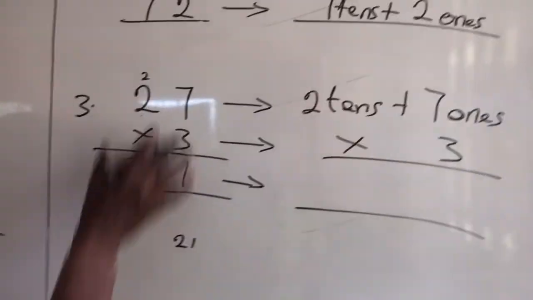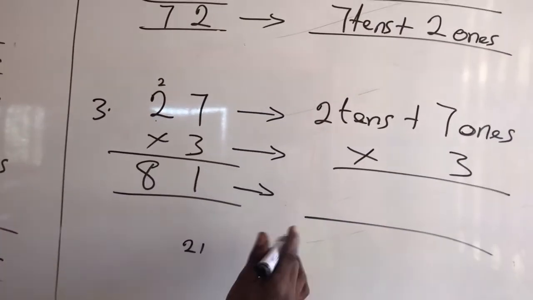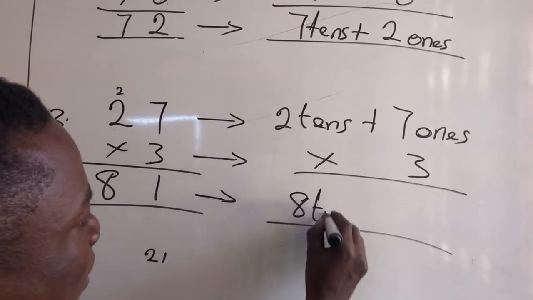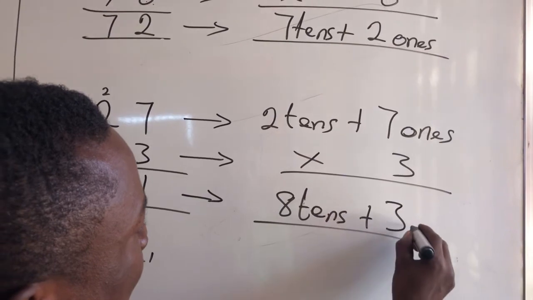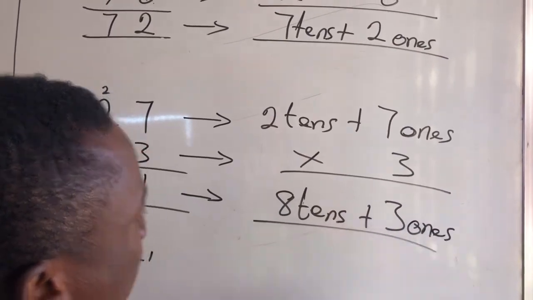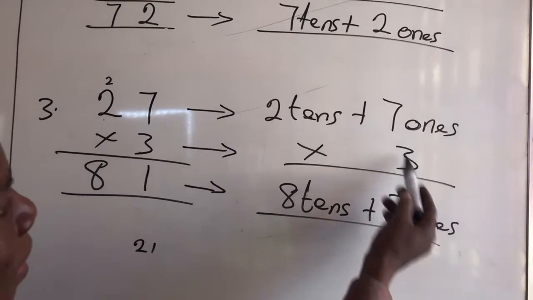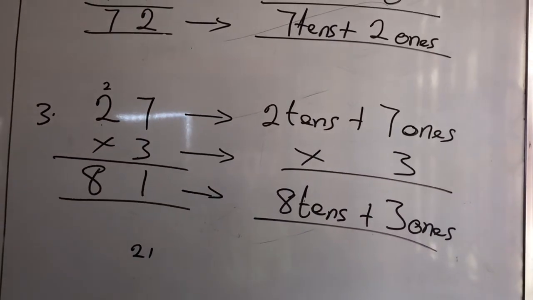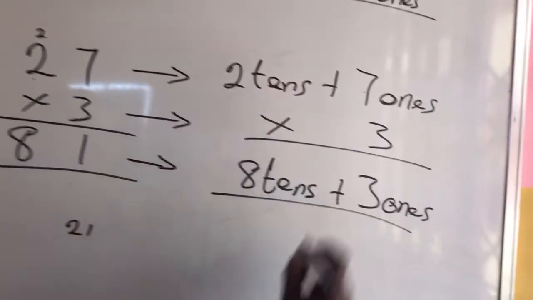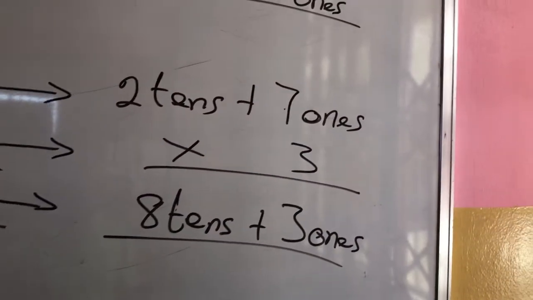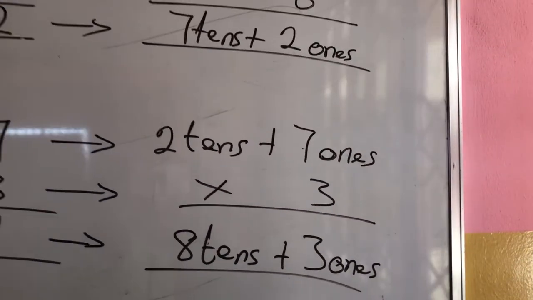So far as you are able to solve this, you regroup this one. 8 tens plus 1 ones. Because when you multiply this and this, you solve everything like that. Let's look at it if you get it. 3 times 7 is 21.